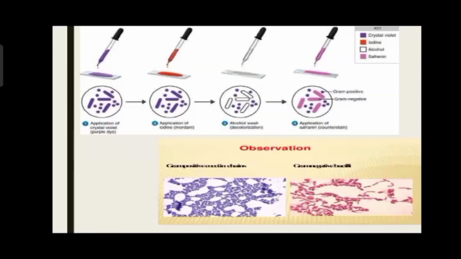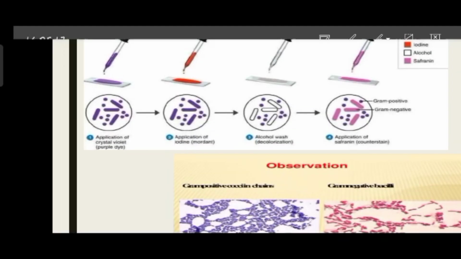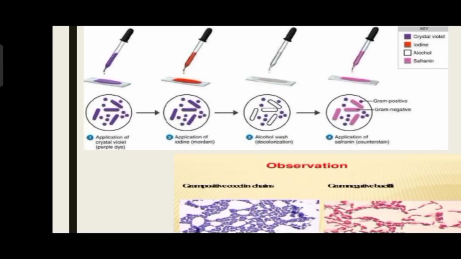Let's see how the gram staining method takes place. First, the cells are treated with a primary stain which is violet in color. It is called crystal violet. So in the first figure you can see the primary stain, that is crystal violet. The cells are treated with this crystal violet, which stains all the cells within a minute, and the excess stain is then washed off.